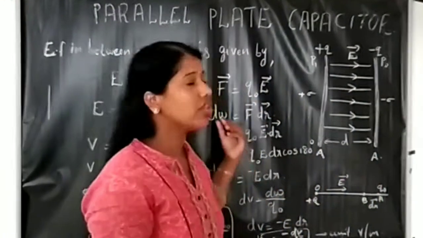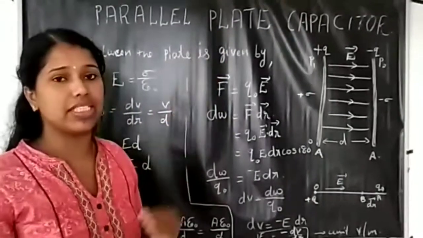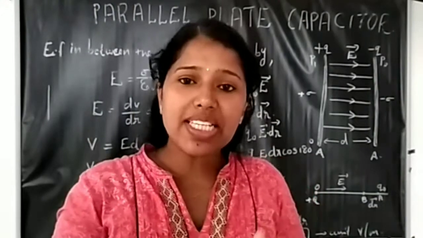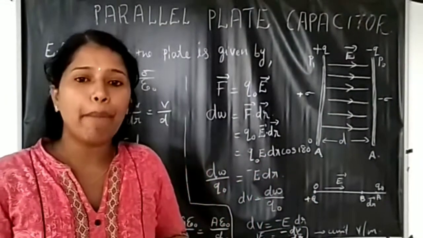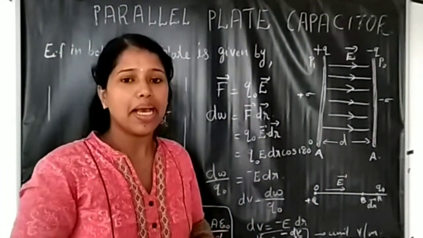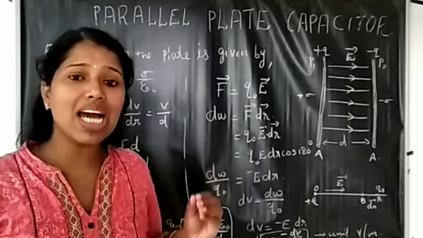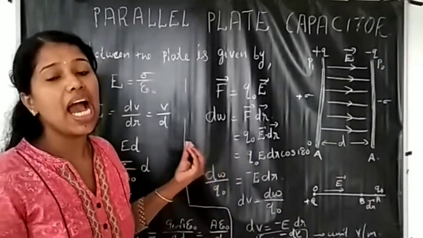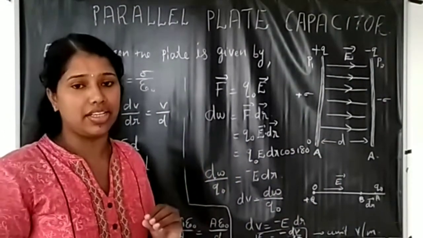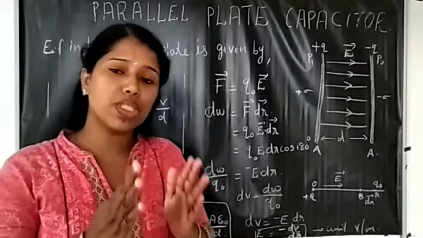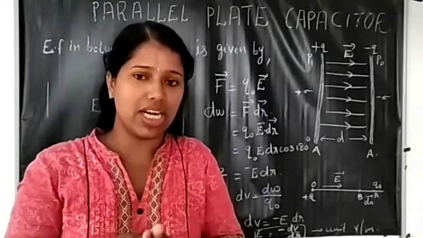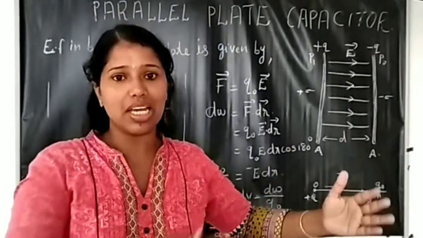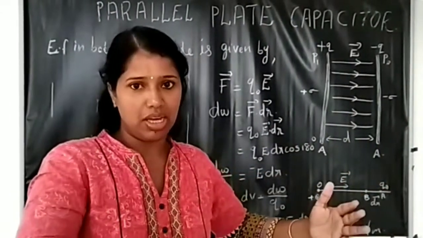Before going to the parallel plate capacitor, first I would like to explain its basic principle. The capacitance of a charged conductor is increased by bringing another uncharged conductor near to it.